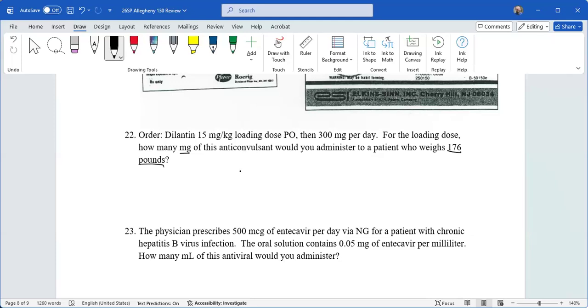You just need to do the calculation of 176 pounds divided by 2.2. That will give you, I think it's 80 kilograms, but let me double check. 176 divided by 2.2. Yeah, 80.